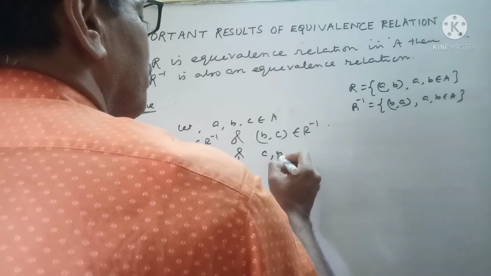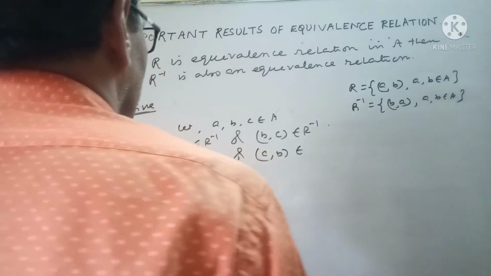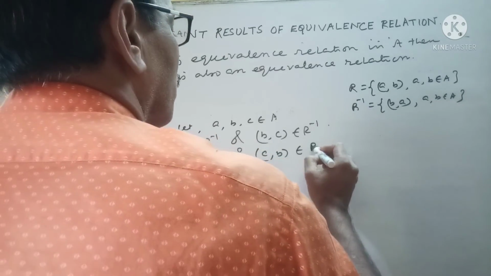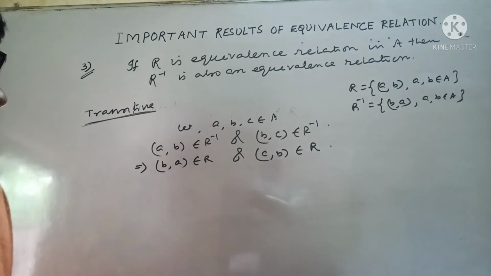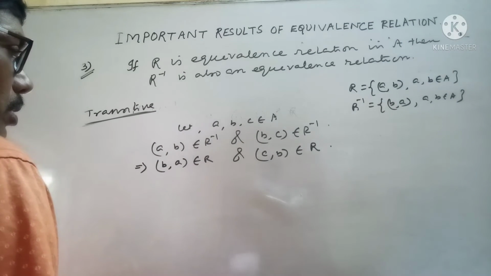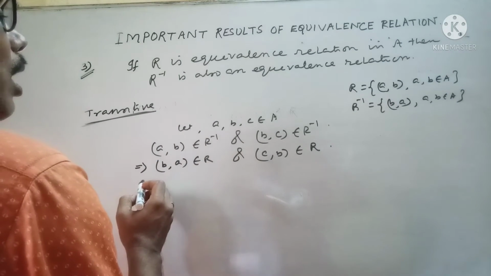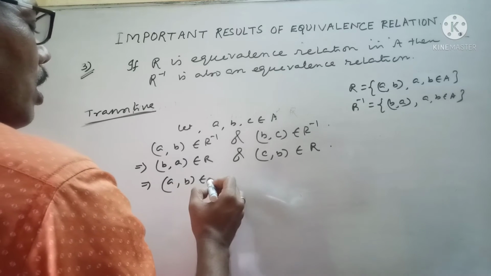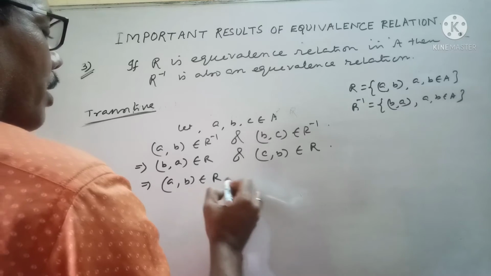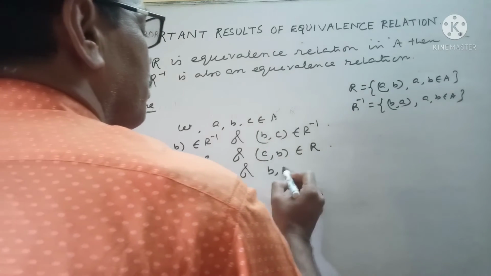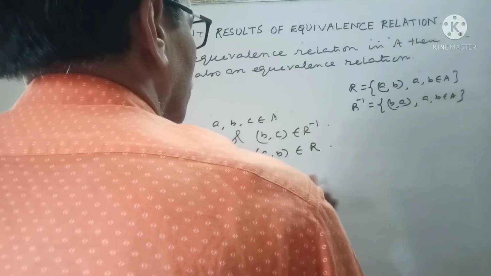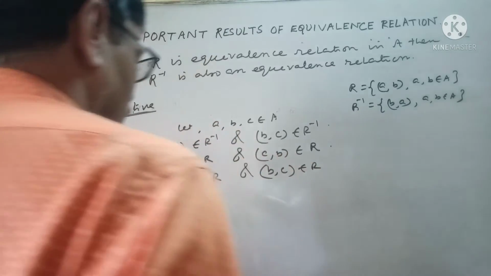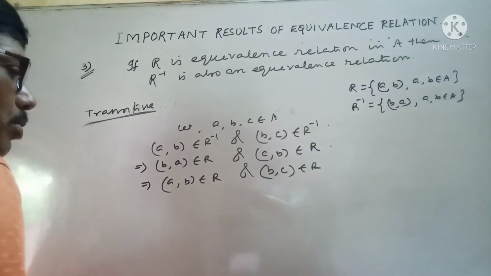This is CB belongs to R. Now this is AB belongs to R inverse, and BC belongs to R inverse.